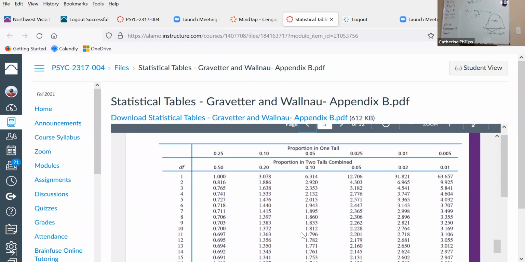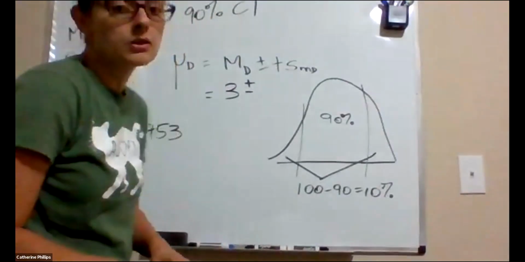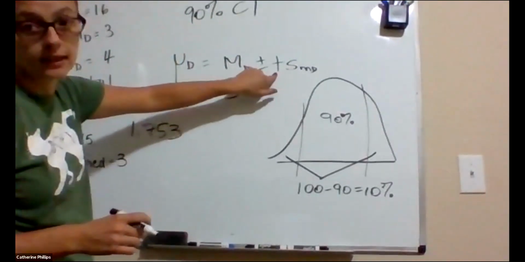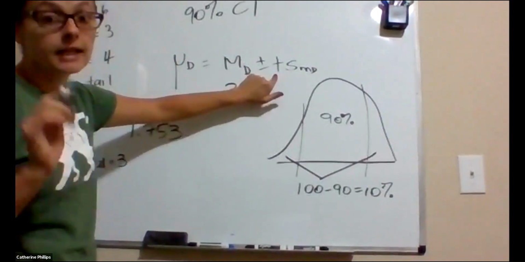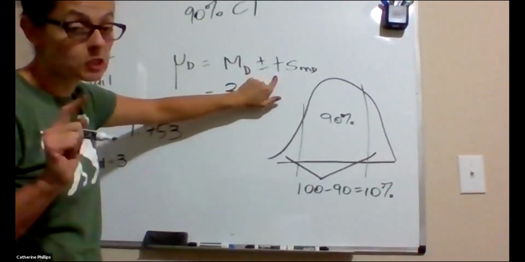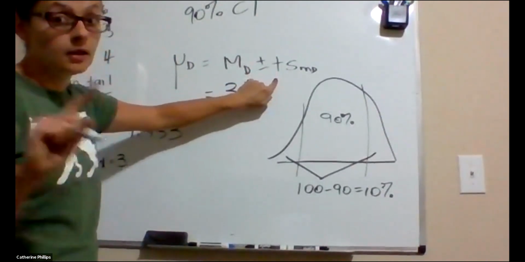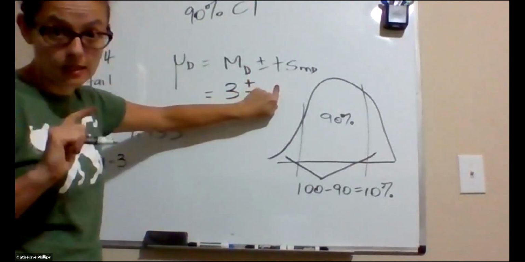And here my value is 1.753. That's the number that I want from the table. So note that this t in the confidence interval is from the table, from table B2. It's not from your 4-step hypothesis testing procedure.